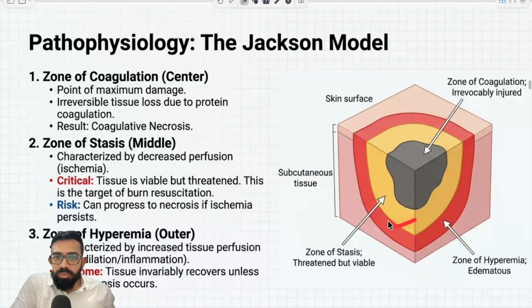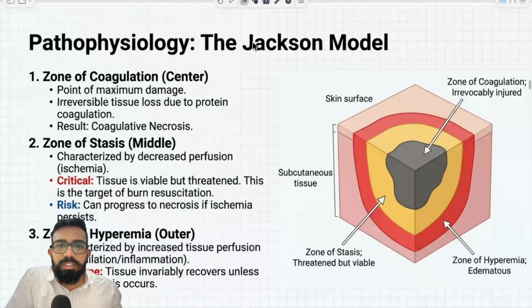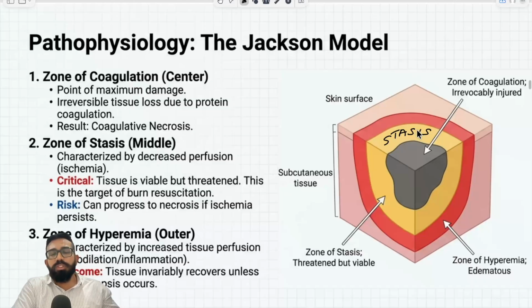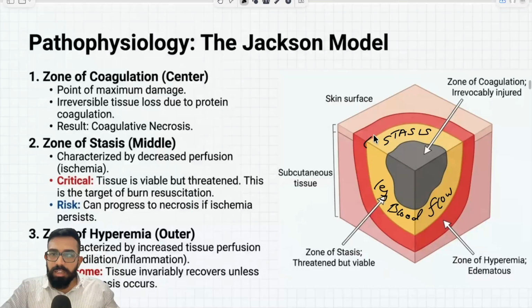Around that zone of coagulation is another zone called the zone of stasis. What do you mean by stasis in terms of pathophysiology? Stasis means there is less blood flow, or less blood circulating around this region, this circle around a central circle of dead tissue. This tissue is dead.